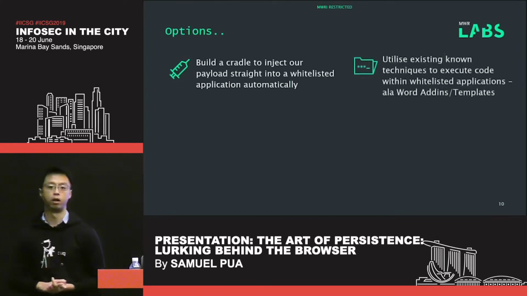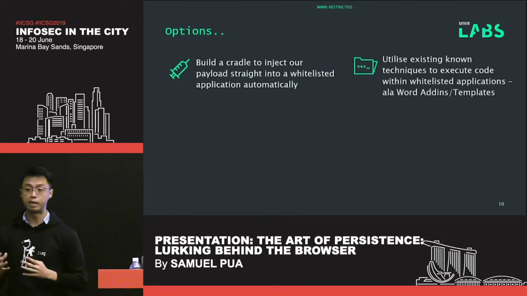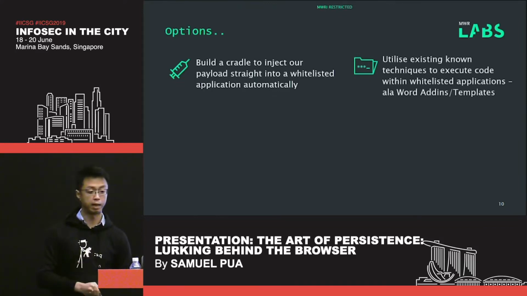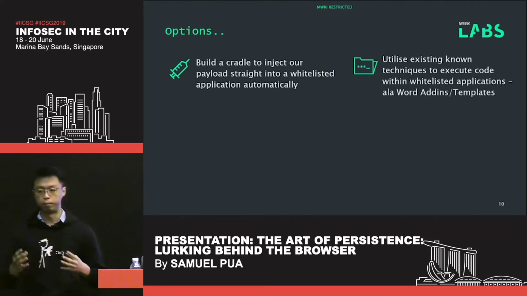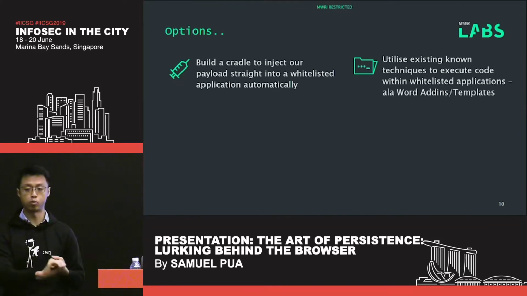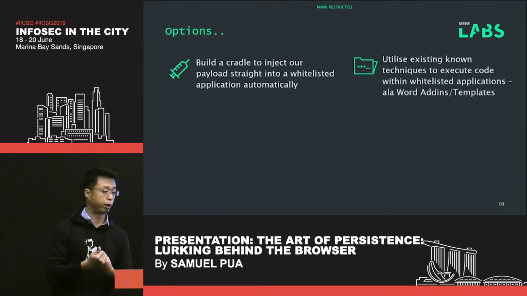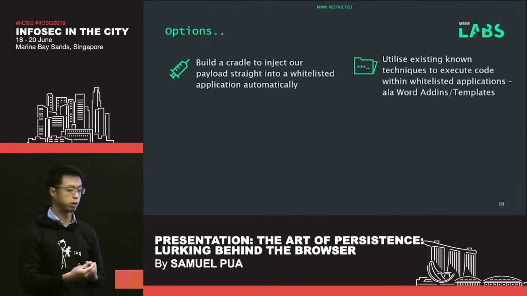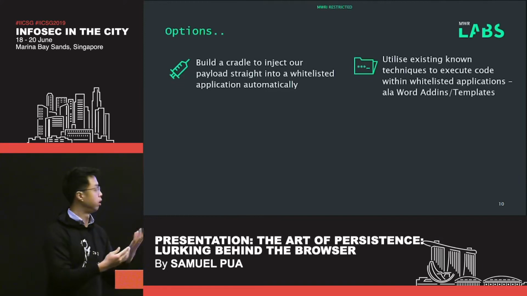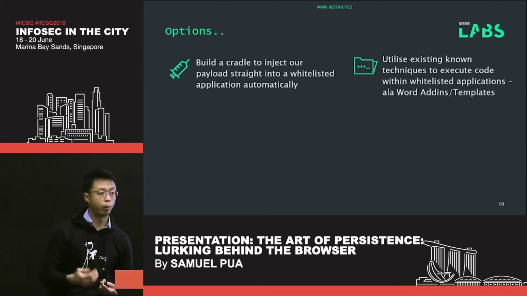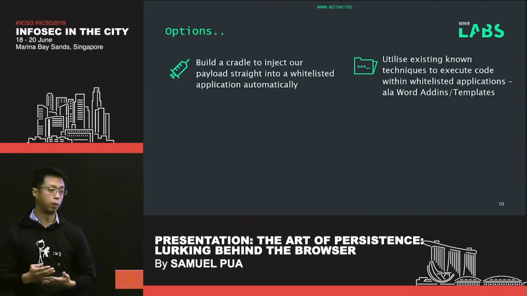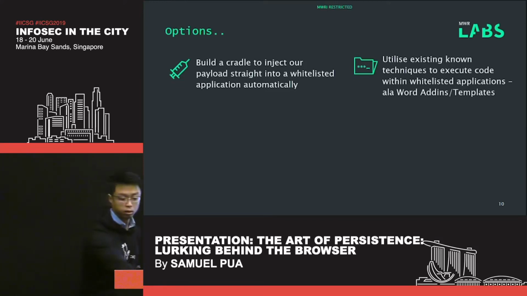The next option we considered was to utilize an existing known application that is able to execute code, for example, macros. In our reconnaissance, as we all know in the corporate environment, many workstations run Microsoft Office. And within Microsoft Office, we are able to use macros or perhaps Word add-ins or templates, so that whenever Microsoft Office is launched, our payload will be loaded as well.